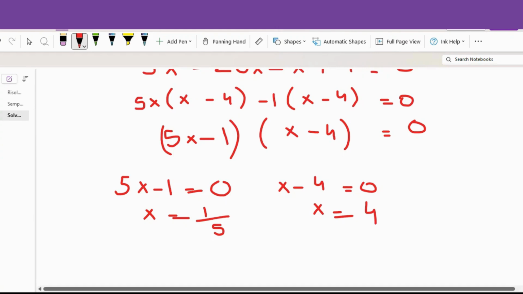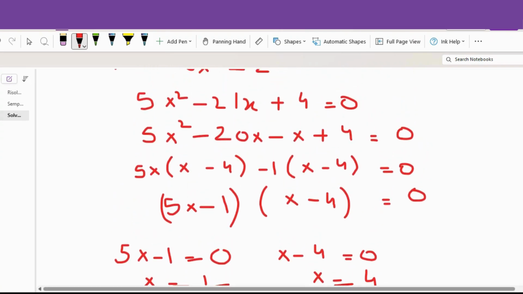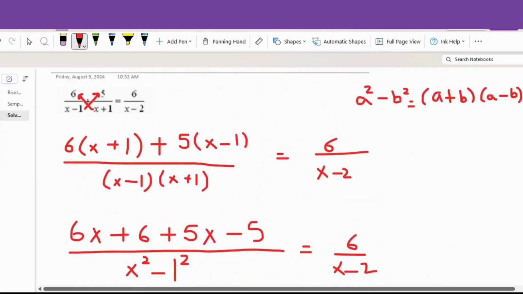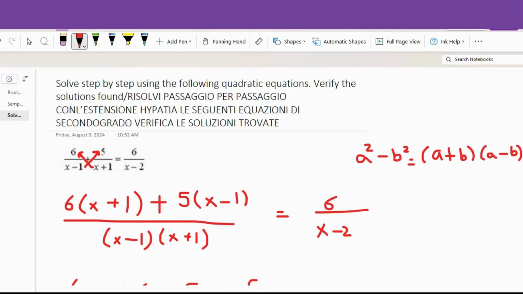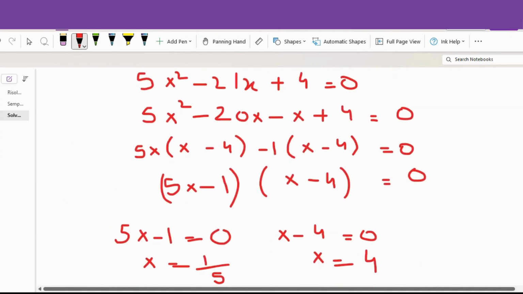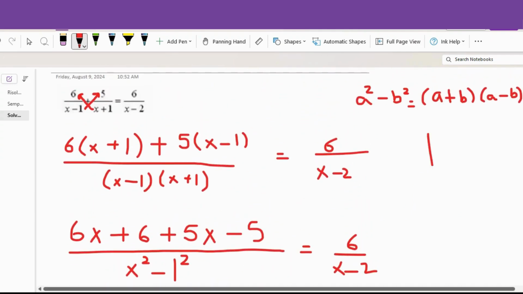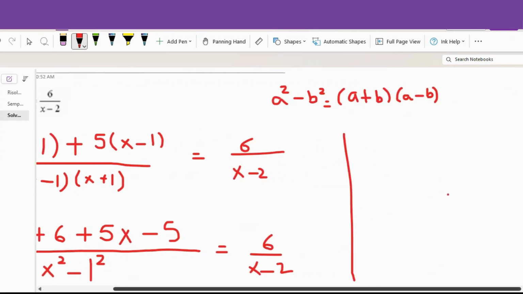Now, if you look at the problem, they're also saying verify the solutions found. So how would we verify it? By verification, it means that you need to put these x values that we found in the given equation. We can try it here. One was 1 out of 5.